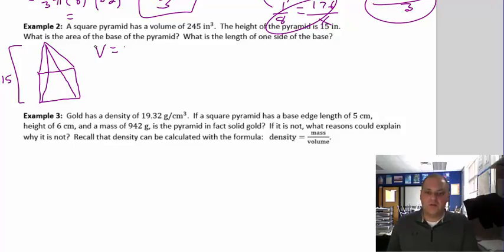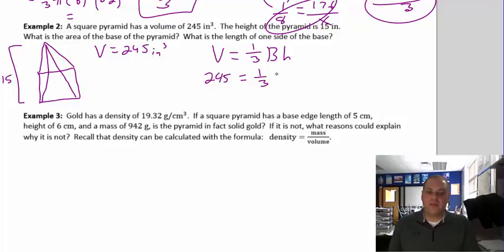The volume is 245 cubic inches. I want to make sure I'm using the same units, right? What is the area of the base? Well, I know that my formula is volume is 1/3, because it's a pyramid, base area B times height H. So I know my volume, 245. 1/3.